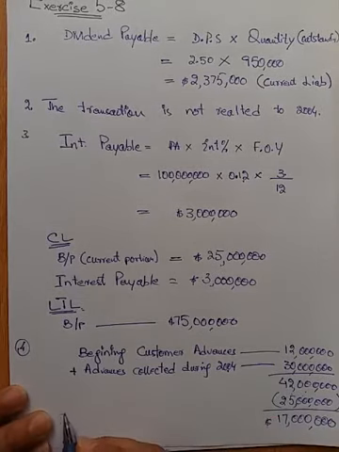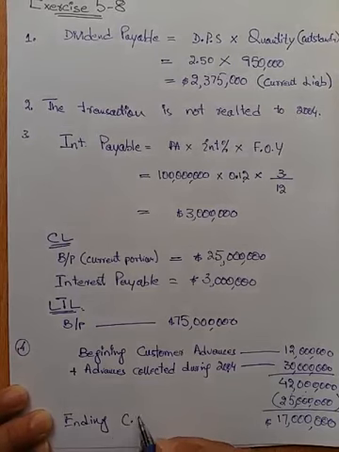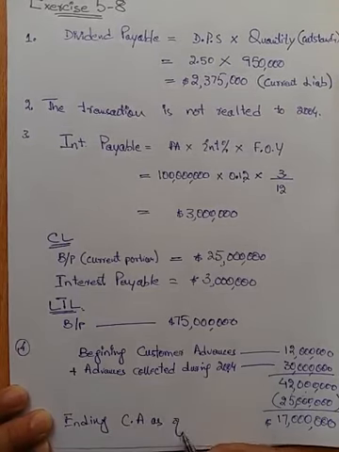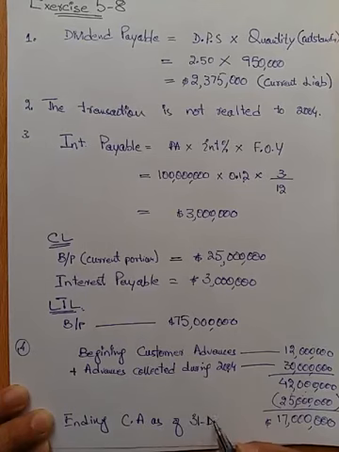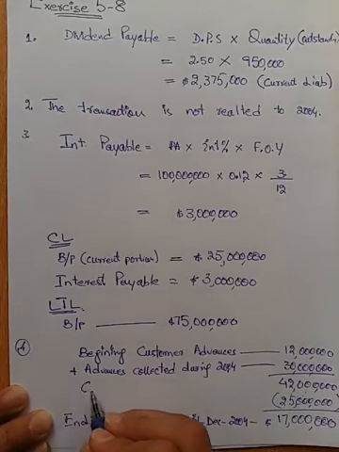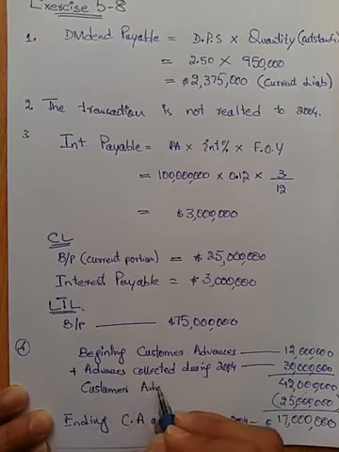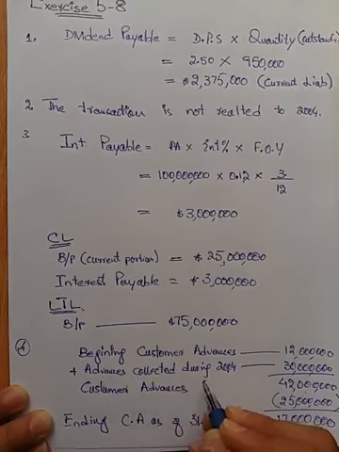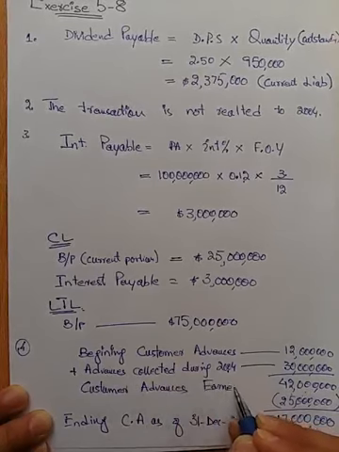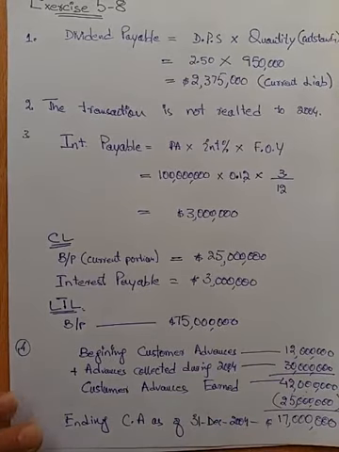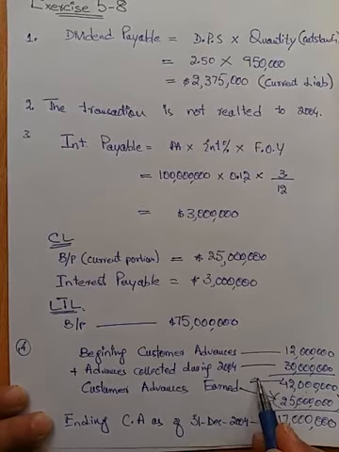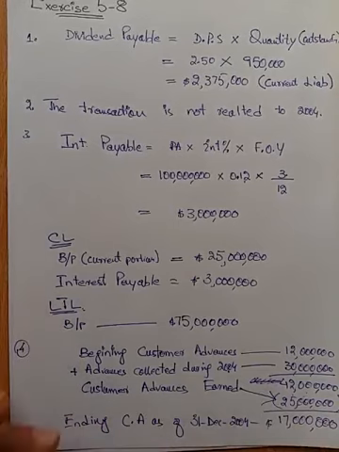This is the ending balance, the ending customer advances as of December 31st, 2004. And this is the customer advances earned. So it's completely the same technique which you have used in the cost of goods. So that's the same: beginning plus during, and then you can calculate ending out of it.